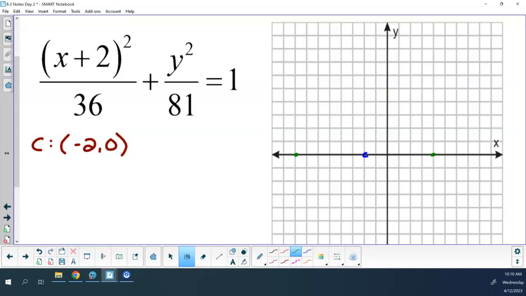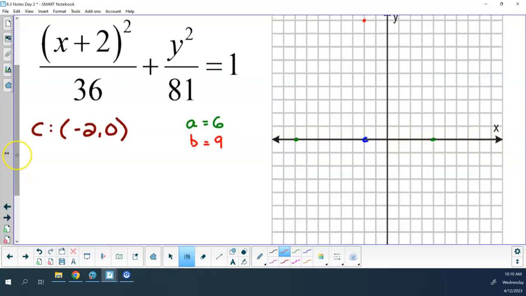Step 3 was my B value. My B value is 9, which means I'm going to go up 9. Oh man, why did I make it so big? Algebra 3 problems. 2, 4, 6.